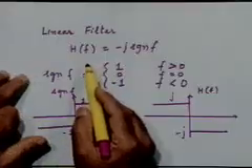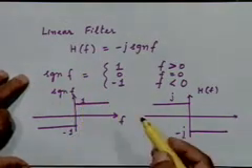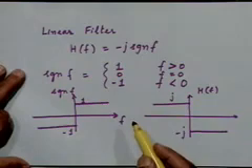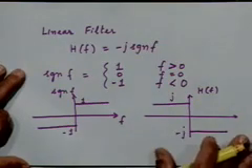There is going to be a phase shift of minus pi by 2 for every frequency in the input signal. Is that clear? So this filter will phase shift every frequency component present in the signal by a value of minus pi by 2. So that's what the Hilbert transformer does.